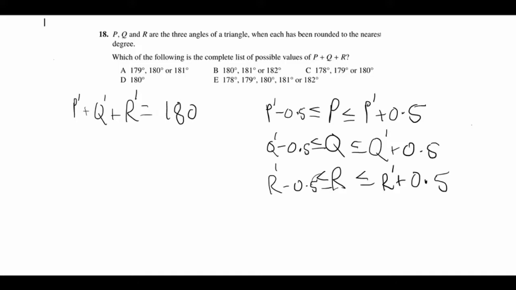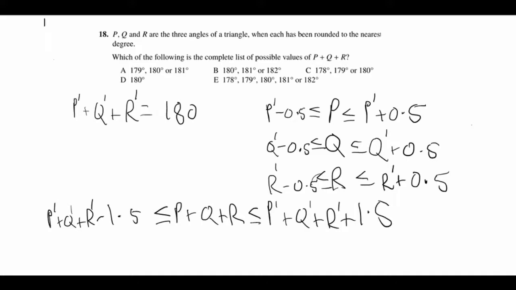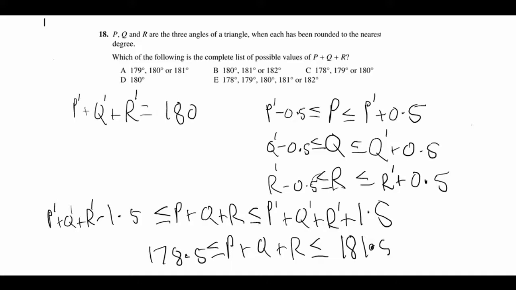Okay, if we then add these inequalities, we get that P plus Q plus R must be greater than P dash plus Q dash plus R dash minus 1.5 and less than or equal to P dash plus Q dash plus R dash plus 1.5. And since P dash plus Q dash plus R dash is 180, P plus Q plus R must be greater than or equal to 180 minus 1.5, which is 178.5, and less than or equal to 180 plus 1.5, which is 181.5.